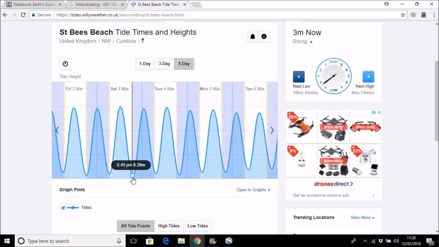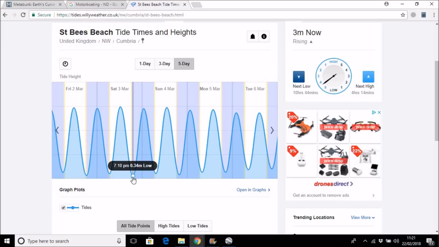And low tide is down at just 0.34 meters. So 8.5 meters difference between high tide and low tide.